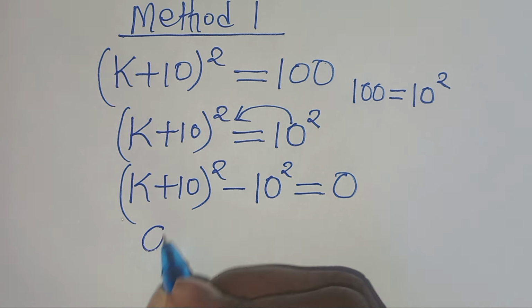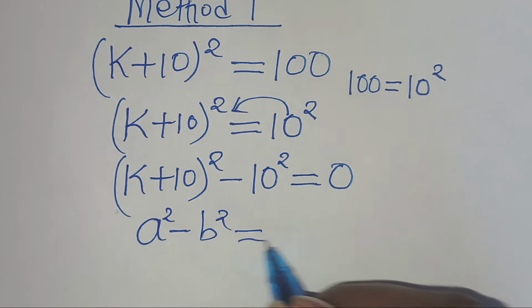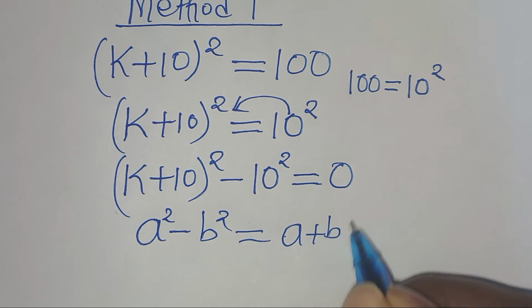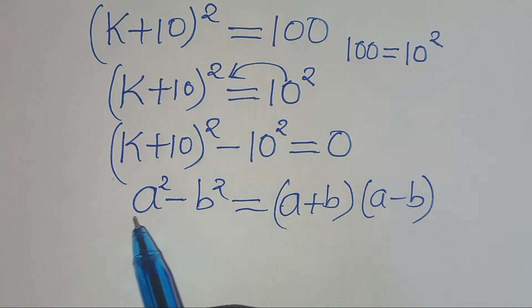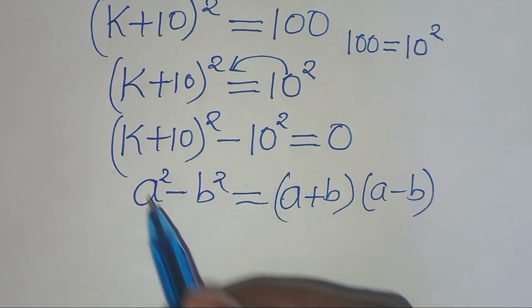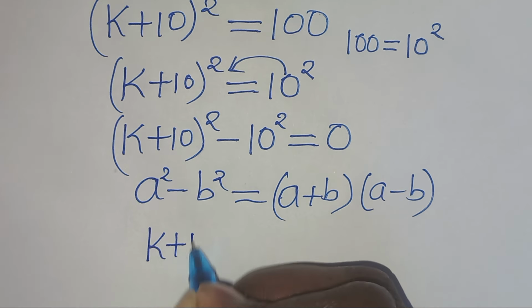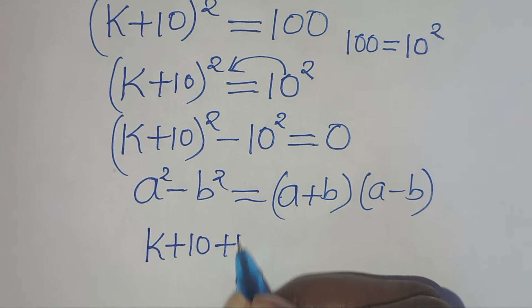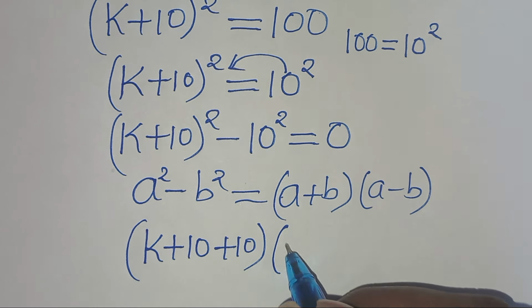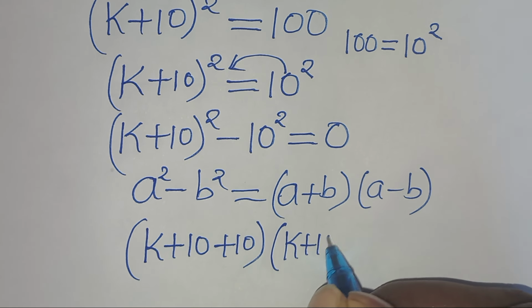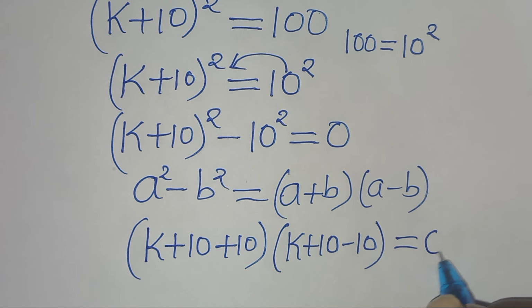This is in the form of a squared minus b squared, which we can express as (a + b)(a - b), the difference of two perfect squares. So we have (k + 10 + 10)(k + 10 - 10) = 0.